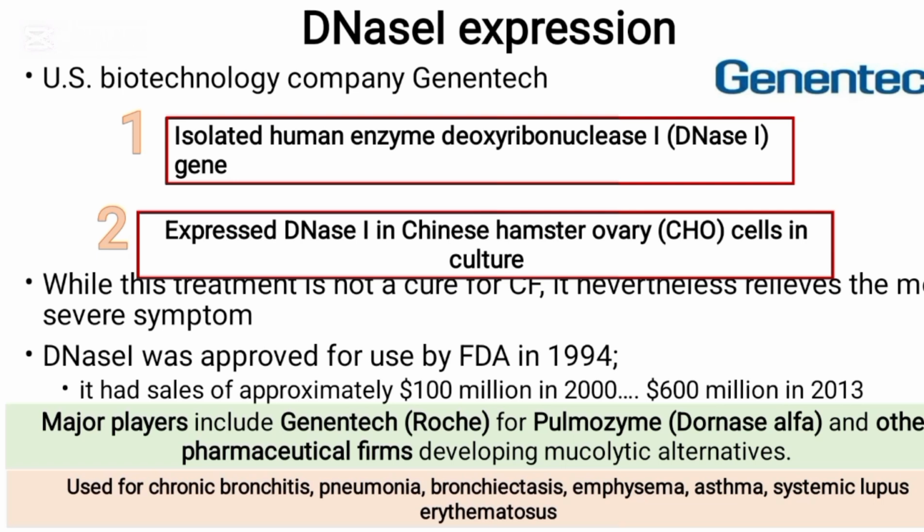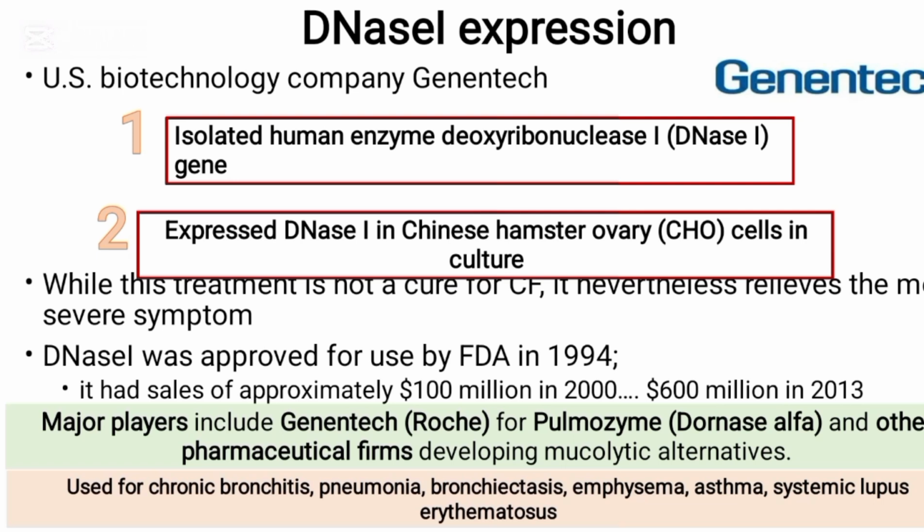When I said the term Chinese hamster ovary cells, that automatically indicated that a eukaryotic system was used for the expression of this protein, which indicates that there would have been proper folding of the DNase-1 protein in those culture cells. Keep in mind, this treatment is not a cure for cystic fibrosis, but it does relieve the most severe symptom of cystic fibrosis, which is the clogging of the airways in the lungs of the patients.